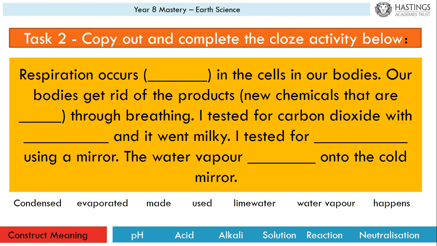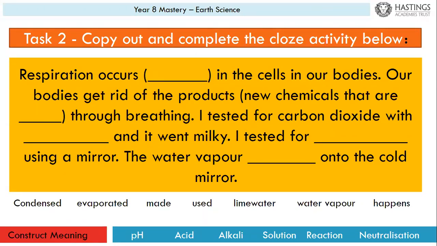Respiration occurs, which means happens, in the cells in our bodies. Our bodies get rid of the products, new chemicals that are made, through breathing. I tested for carbon dioxide with, now this is an important chemical test, lime water.